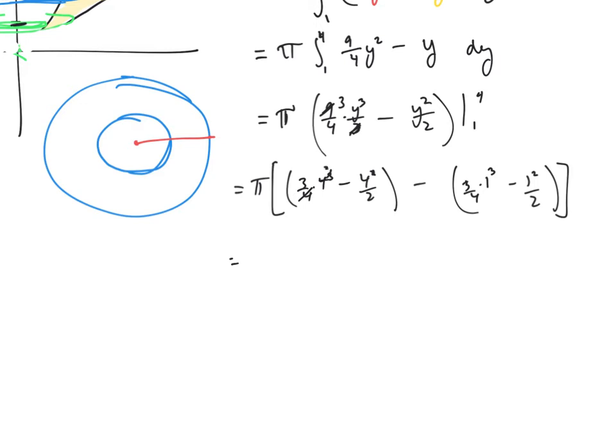So it's going to be 4 squared is 16 times 3 is 48, minus 16 divided by 2 is 8. So that's 40. And then 3/4 minus 1/2 is really 1/4.